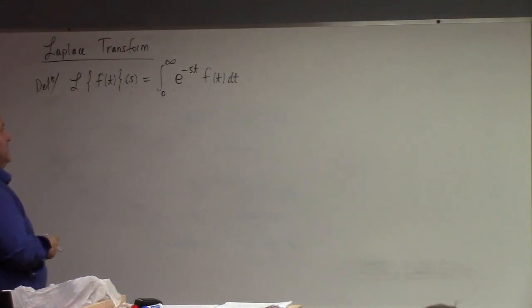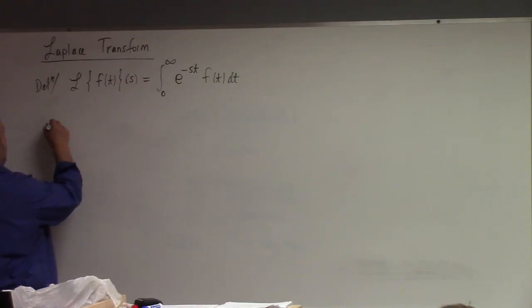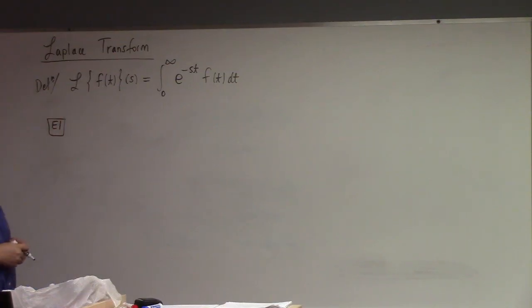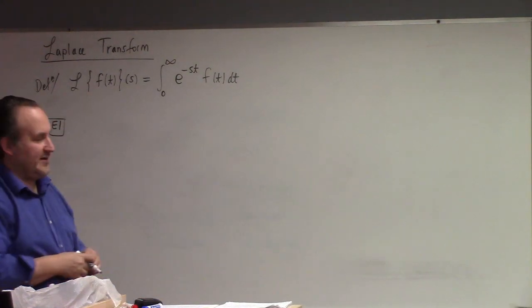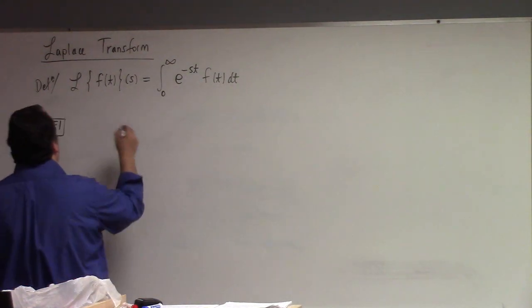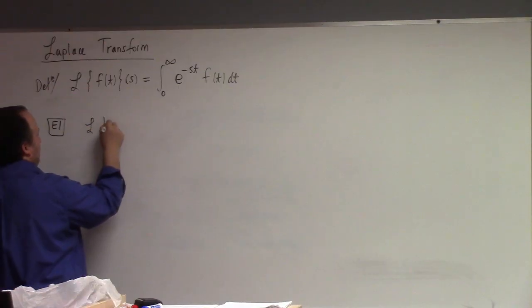To which you should say, what? I mean, that's a weird definition, but here it is. And so example, I'm starting the examples over. This is example 1 for Laplace transforms. What's the Laplace transform of the constant function 1?